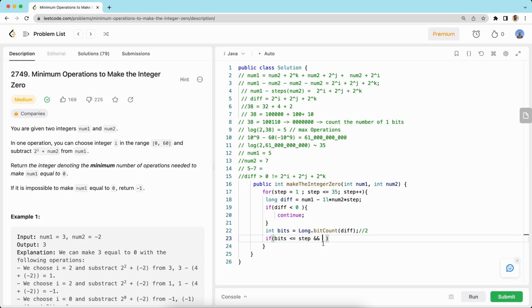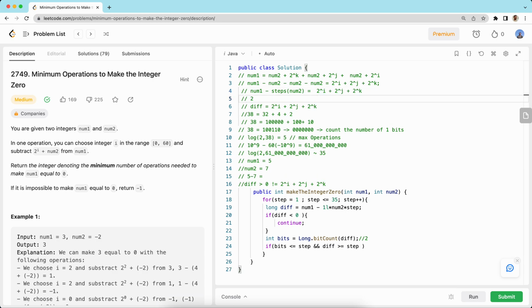And then we'll have our bits should be, the difference should be greater than or equal to the step, right? So imagine we'll have all the values as 2 raised to power 0, which comes out to be 1, and it can be depicted as the summation of ones, right?